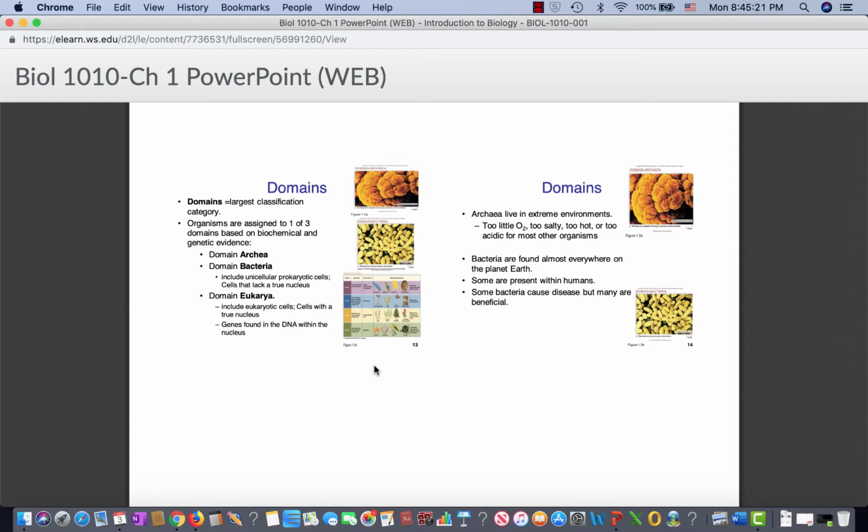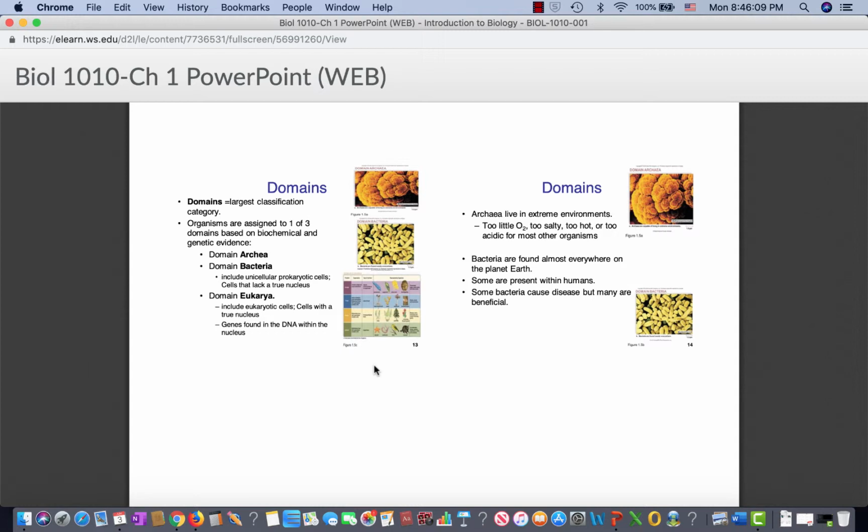Archaea tend to live in extreme environments: too little oxygen, too salty, too hot, or acidic for most other things. The name archaea means the first ones. They tend to be relatively simplistic and have the capacity to survive in these extreme environments, which are more similar to earlier conditions on Earth, which supports the hypothesis that they existed before the other domains.